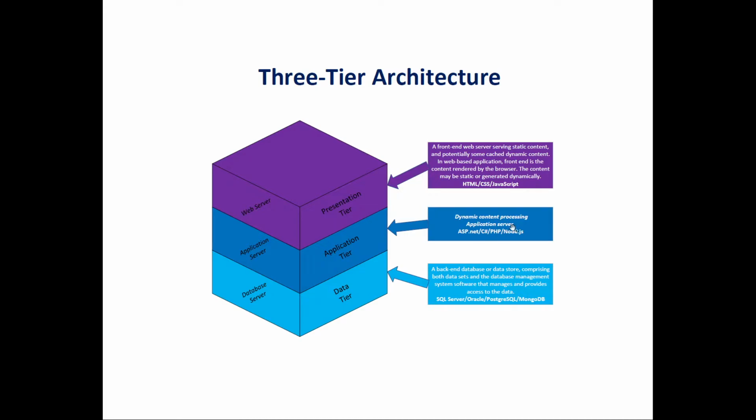We might write a program in C# that generates some of the content that gets sent back to this presentation tier. So now it's not just static anymore, it's dynamic, meaning we can change what the person sees on the screen depending on maybe what they click on or something they type in a text box or whatever.